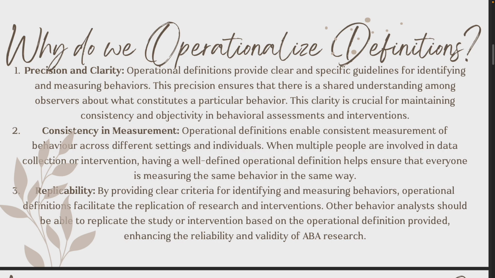Anybody can pick it up, walk into a room and say, this is the behavior that we're looking for. Especially when we are dealing with a lot of children in one space and a lot of different behaviors happening in one space, we want to make sure that it's the one that we are measuring and observing. So why else is it important?